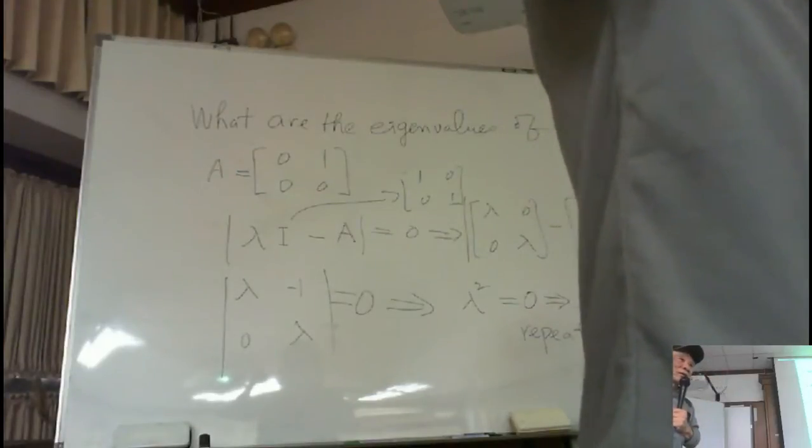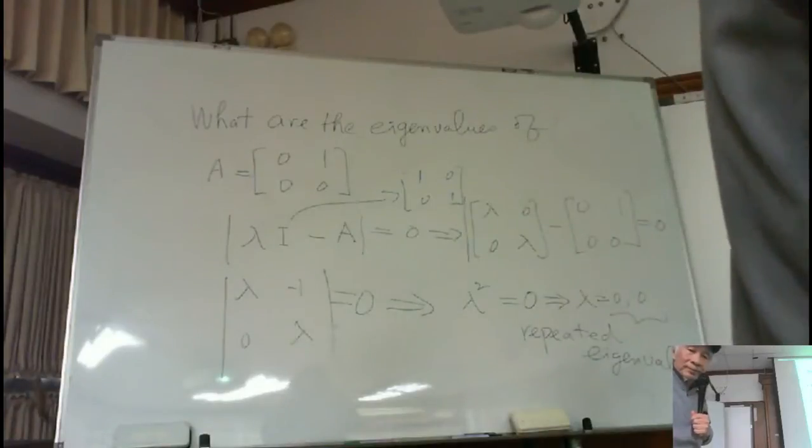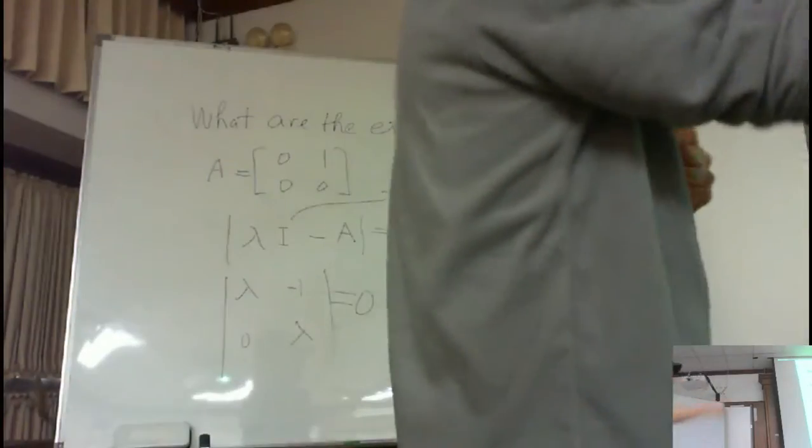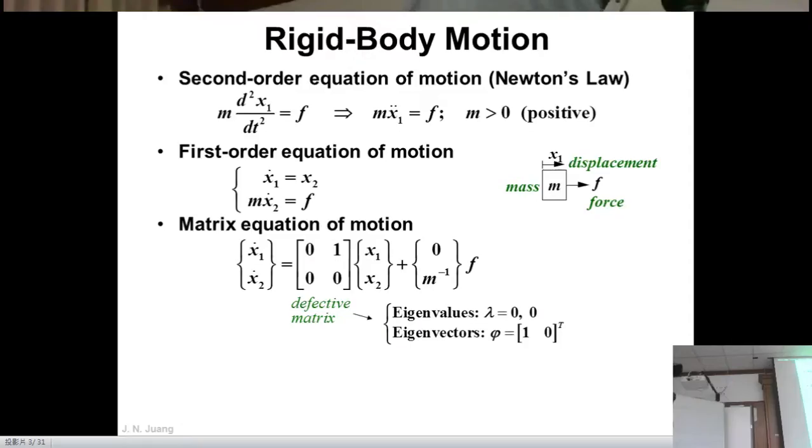So eigenvalue is 0, 0. The eigenvector is 1, 0. But we have 2 eigenvalues. We only have 1 eigenvector.